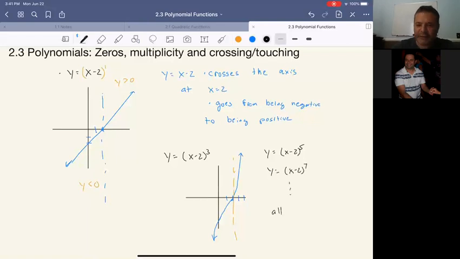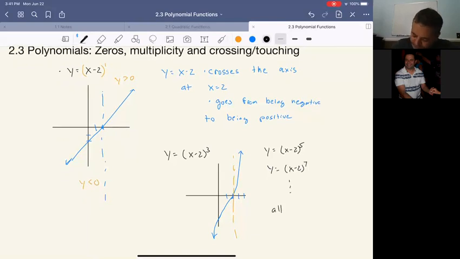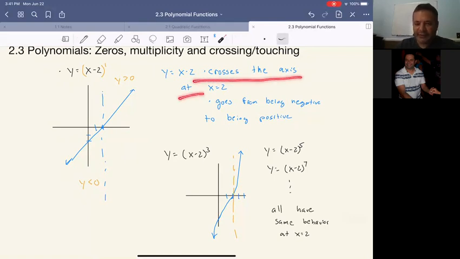So they all have the same behavior here. And when I say they all have the same behavior, what I'm referring to is it crosses the axis at x equals 2, and it goes from being negative to being positive.